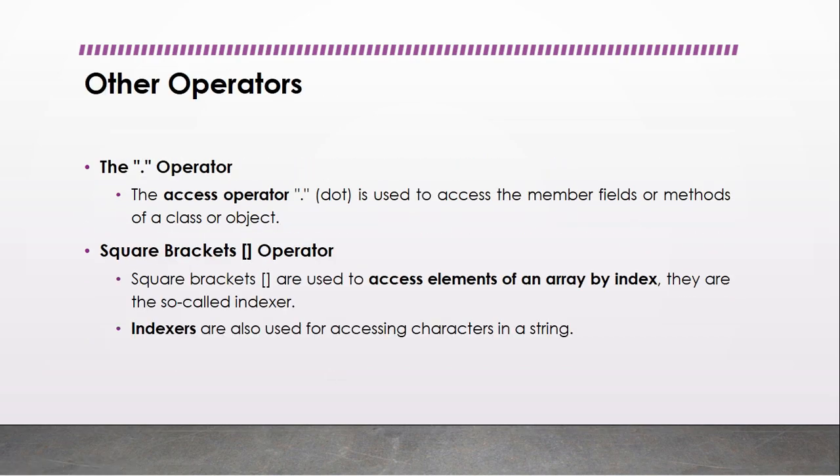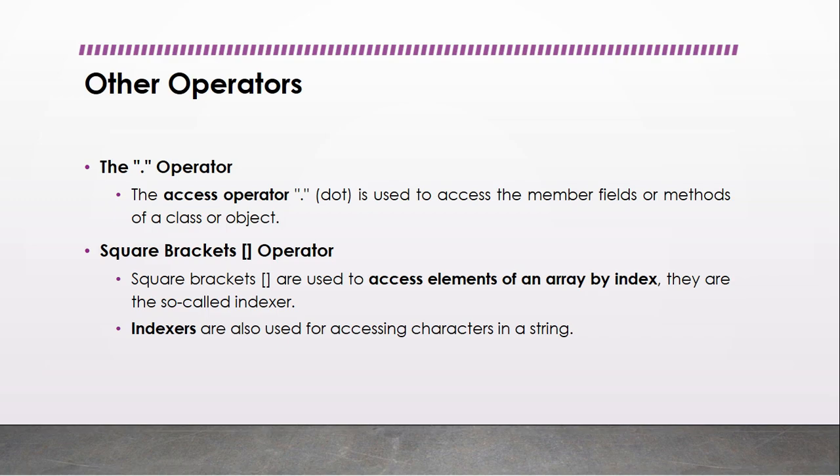Other operators in C# are the dot operator or access operator, which is used to access the member fields of a class or the methods of a class or object. Square brackets are used to access elements of an array by index. That's why they are called indexers.